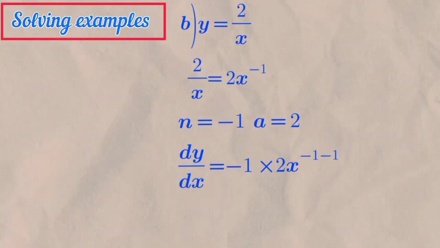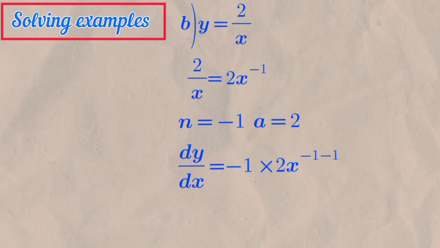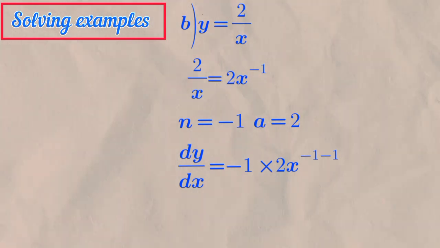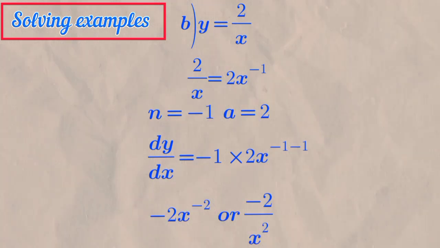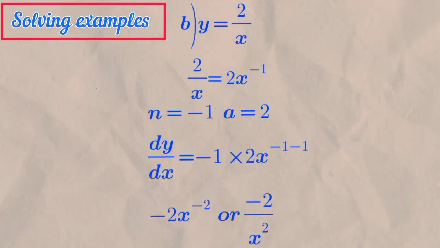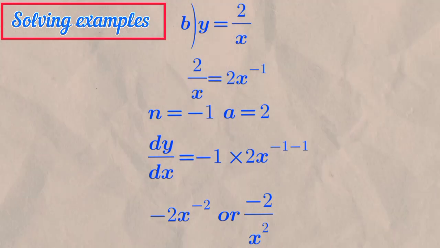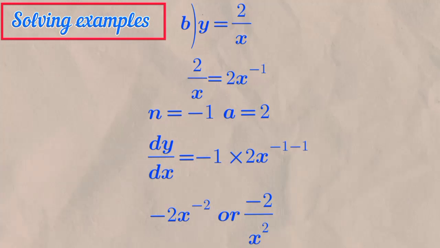Now we have minus 2x raised to the power of minus 2. So we got minus 2 from minus 1 minus 1. Or this answer can also be written as a fraction as minus 2 divided by x raised to the power of 2.